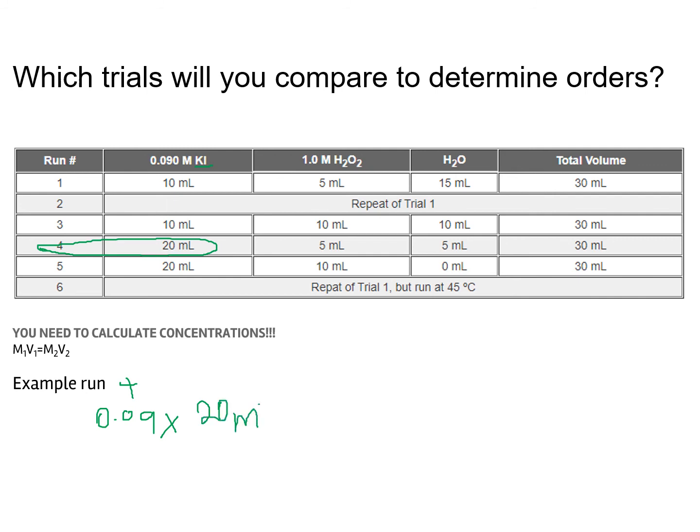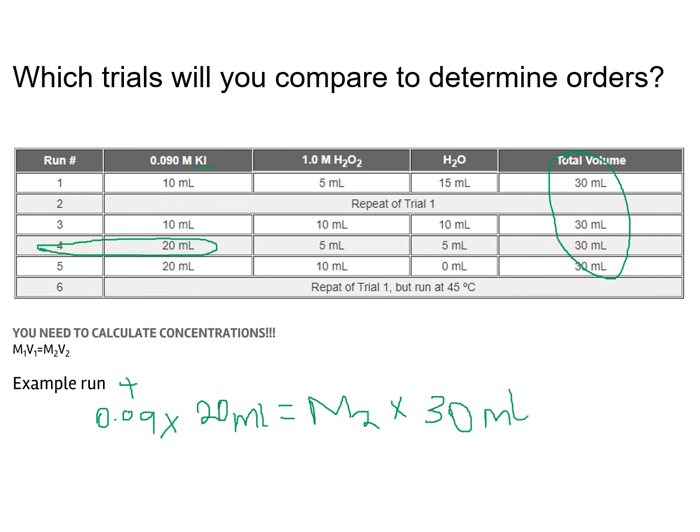I'm sorry about the writing, but I'm just trying to show you how you will compute your M2. So we are interested in finding the M2, but always you will notice that your total volumes are going to add up to 30 milliliters. So that's your V2.